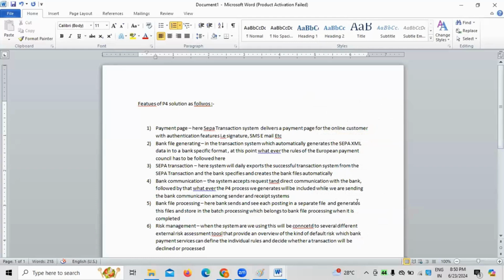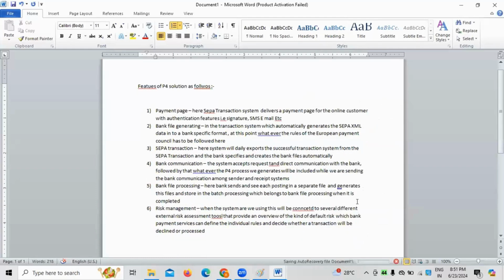Right? So these are the different features involved in the P4 solution.